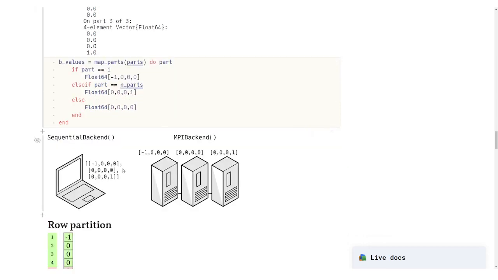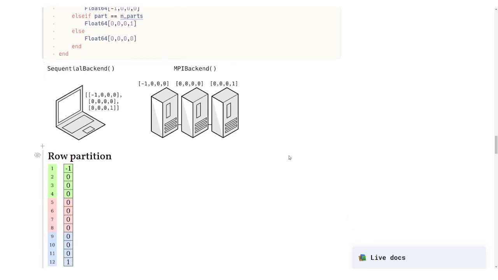And again, in the picture, you can see that for the sequential backend, you end up having a vector of vectors, but for the MPI backend, each MPI rank will contain only its own local values.